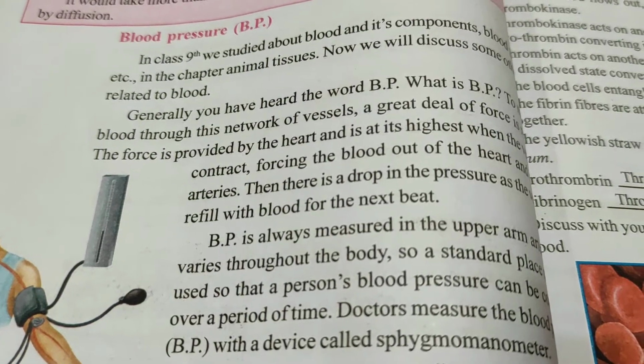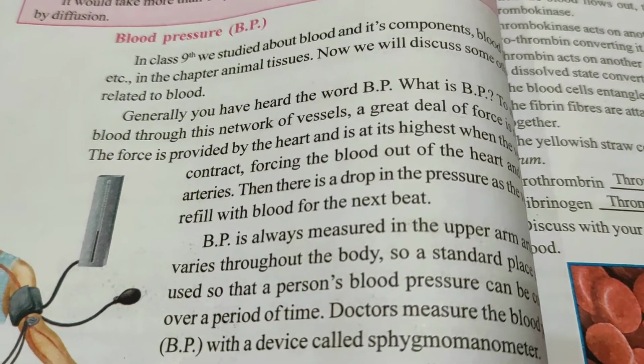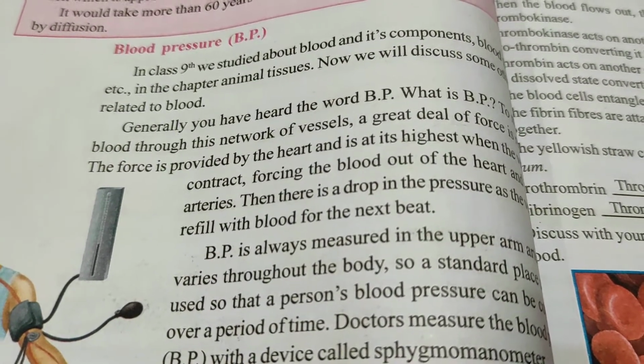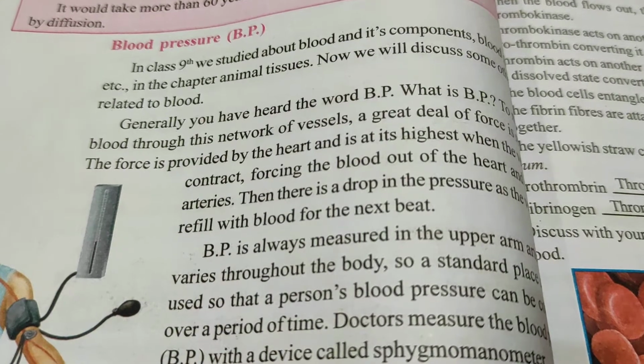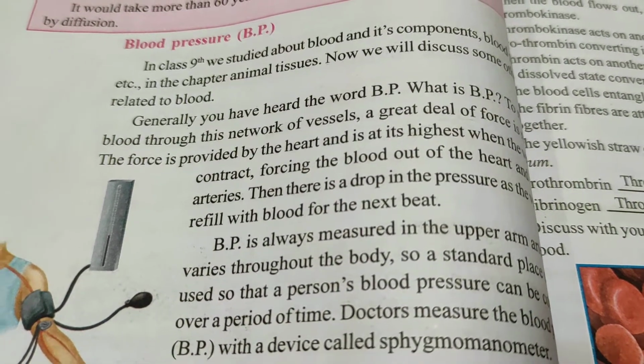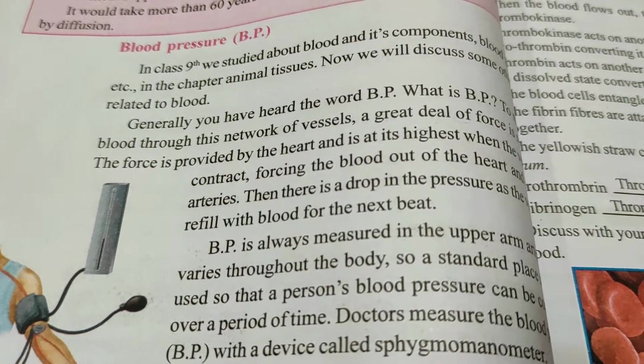Okay, then automatically the blood pressure will be less. Okay, and again the ventricles will refill with the blood for the next beat. Okay, till then they are in relaxed mode, and this is called as diastolic pressure, and this is 80 mm of mercury. Okay, Hg mercury.